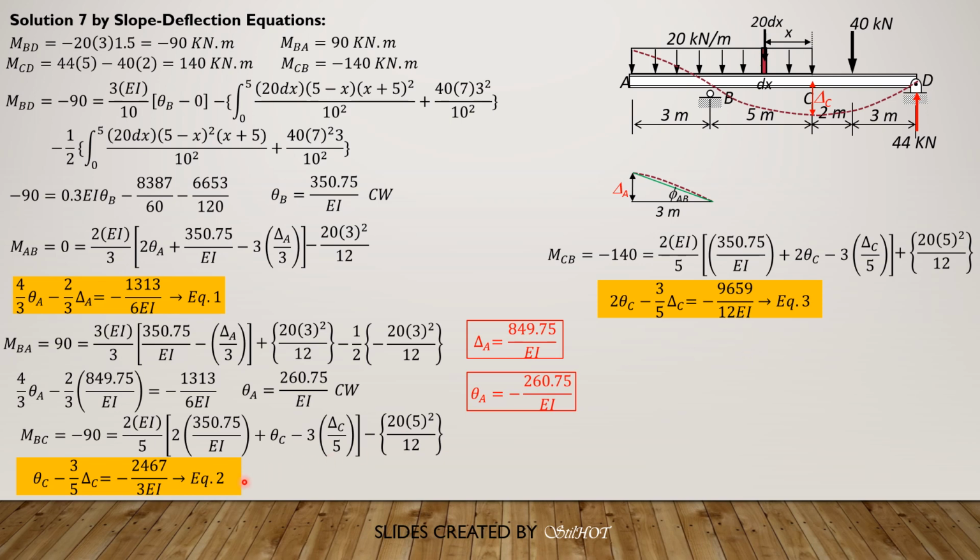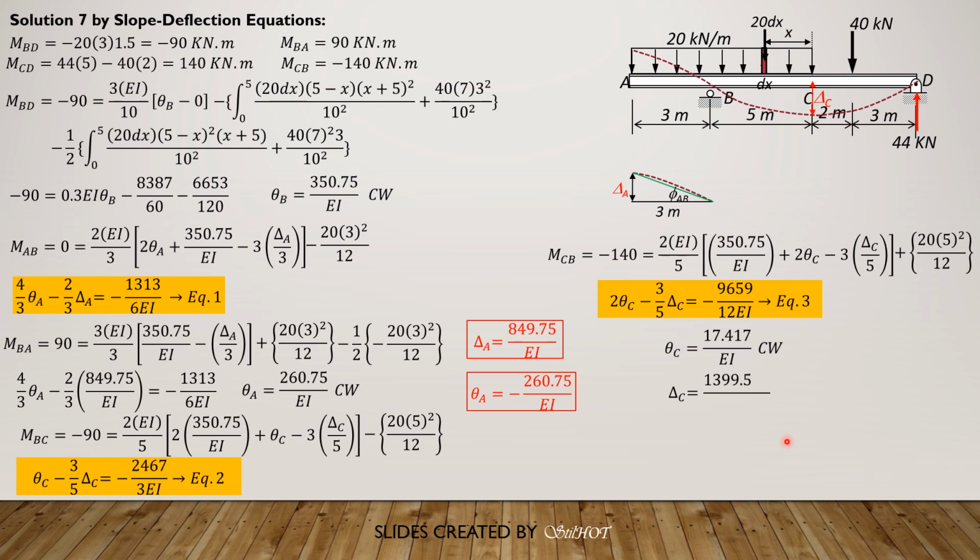So solving equations 2 and 3 by elimination of delta C, then substituting in one of these equations to solve for theta C, you will get theta C equals 17.417 over EI. Since that is positive and this is the slope deflection equation, it is clockwise.